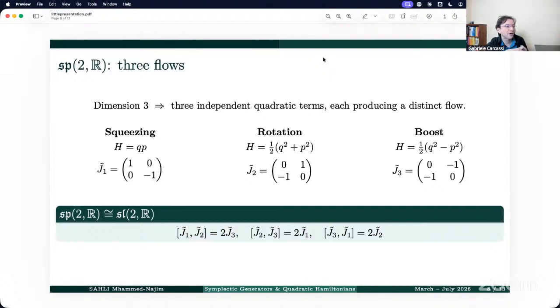For shear and vorticity, I think you could get shear if you combine, let's see if I get this right, a squeezing with a rotation. No, you have to combine a rotation with the boost, because then what's going to happen is, for example, if you do the rotation minus the boost, the q's are going to go away, so you just have the p squared, and then you're going to have the shear in q.